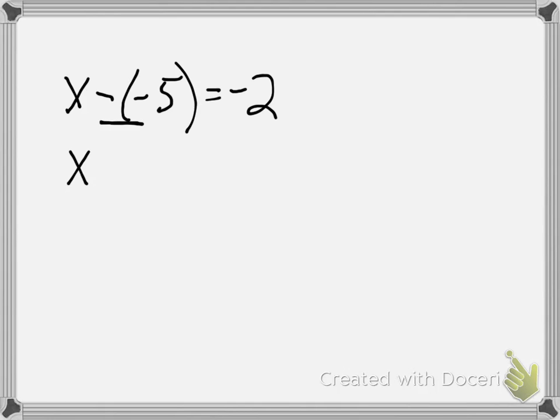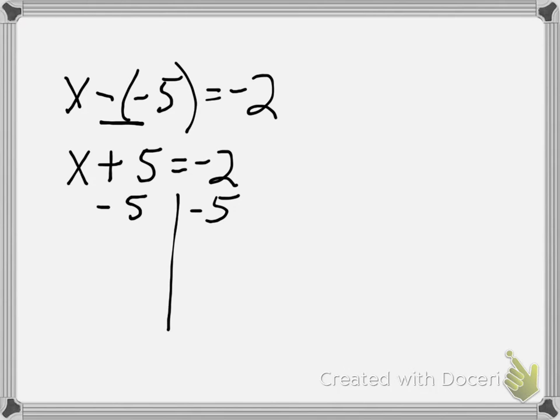So this right here is technically gone. It becomes a plus 5 equals negative 2. Anytime you see a minus and a negative, it just changes to plus. Now we'll just solve our equation like we did before. Solve for x, I have to get rid of plus 5, so I have to minus 5 to both sides. Those cancel. Negative 2 minus 5 is a negative 7.